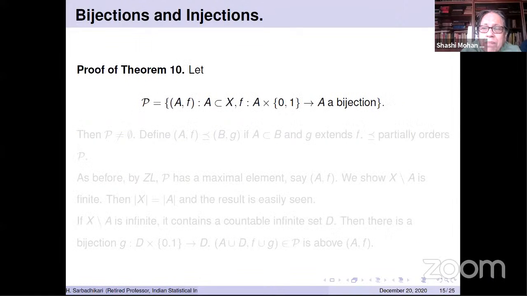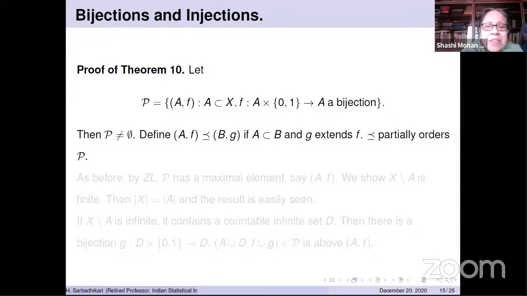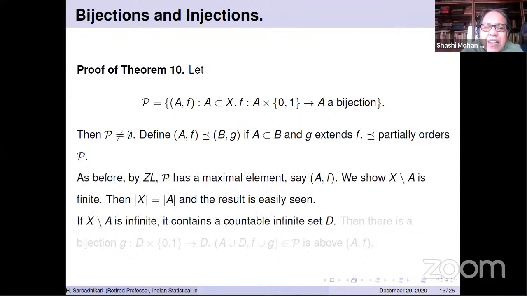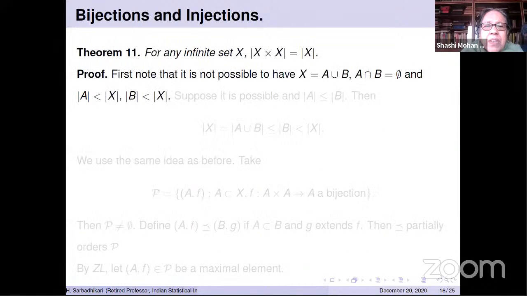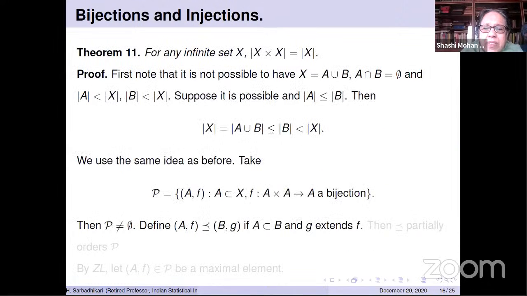Well, somebody had a problem yesterday with the partially ordered set I was defining. I think I know how to help there a bit. I wrote a BG here, and then later on a B came in the proof, and I think there was a confusion.